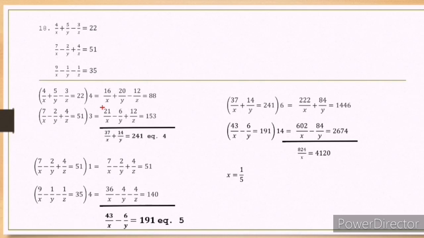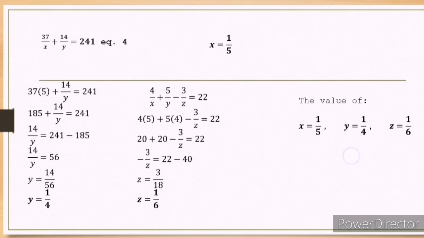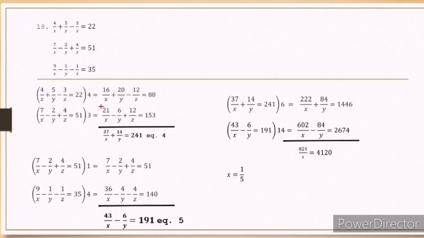Then 1446 plus 2674 is equal to 4120. So x is equal to 1 over 5.